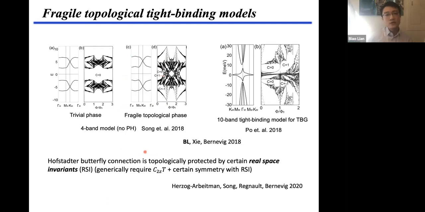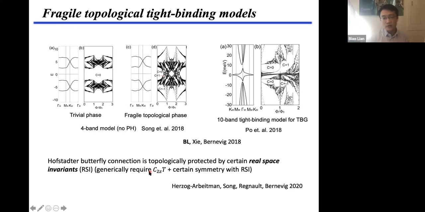Okay, this is just to show that in tight binding models of the fragile topology, we also see connections between different bands. When these two bands are topological, their spectrum is connected to the higher bands. This is the 10-band tight binding model for twist bilayer graphene, and we also see that the lowest two bands are connected with the higher bands. In general, the Hofstadter butterfly connections are protected by certain invariants called real space invariants.